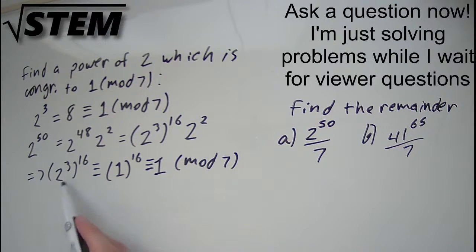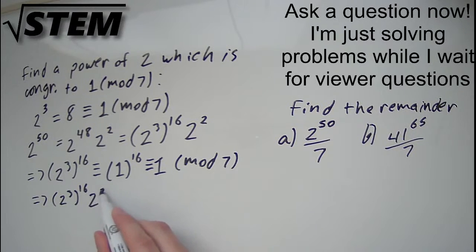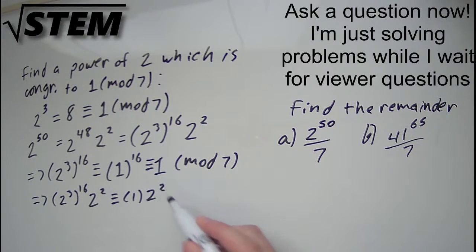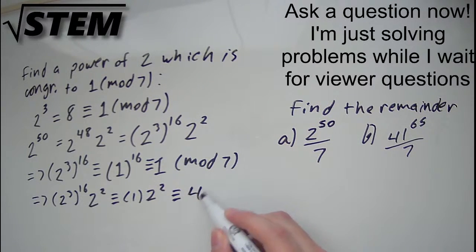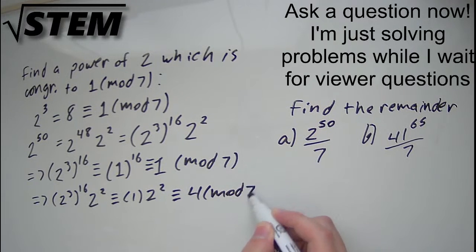So if this whole piece is congruent to 1, then that means 2 to the 3rd to the 16 times 2 squared is congruent to 1 times 2 squared. It's congruent to just 2 squared, which is 4 mod 7.